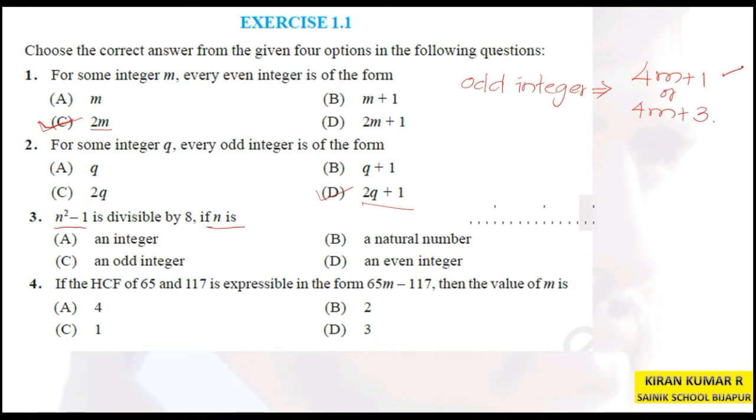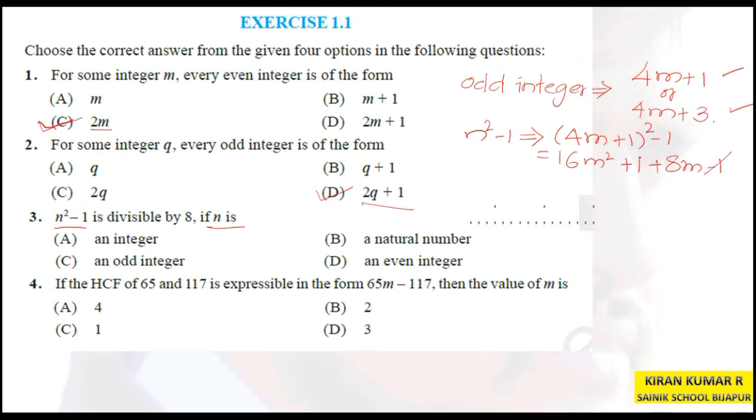Now with these two forms, I need to check whether n square minus 1 is divisible by 8. For that, in the place of n, let me consider 4m plus 1, square it, minus 1 and expand it. I'll be getting 16m square plus 1 plus 8m minus 1.